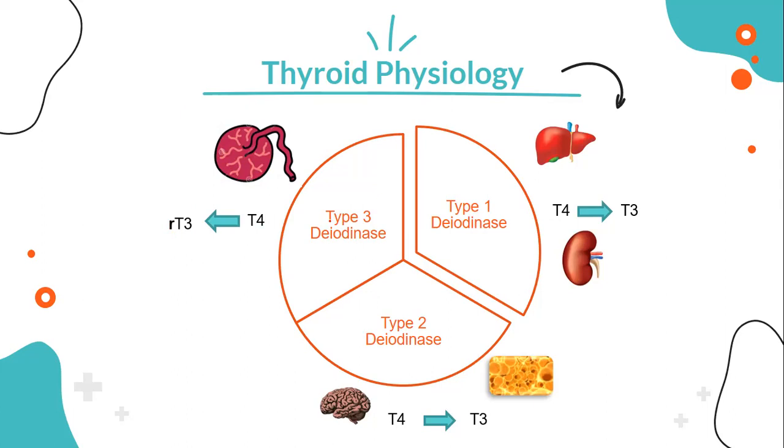Okay, so type 1 and type 2, we have an active form, which is the T3, right? And type 3 gives us the reverse T3, which is a non-active form of the hormone.